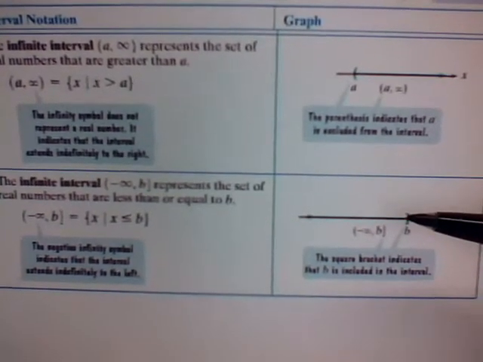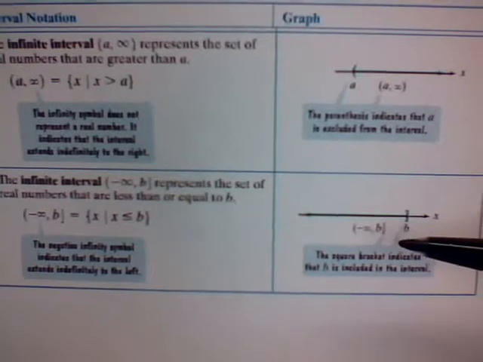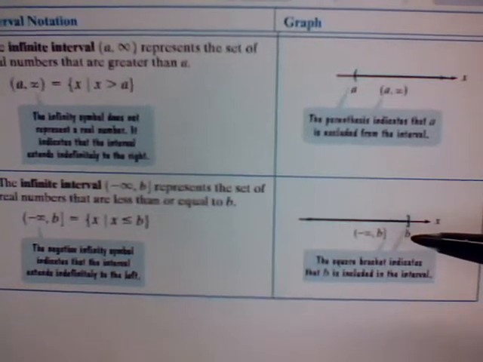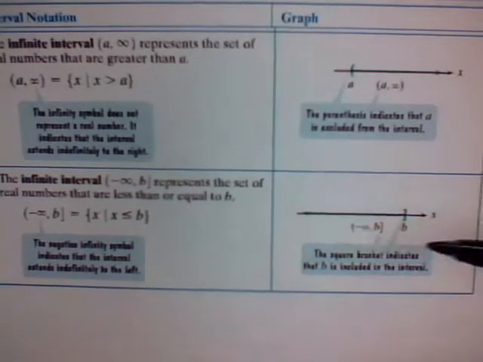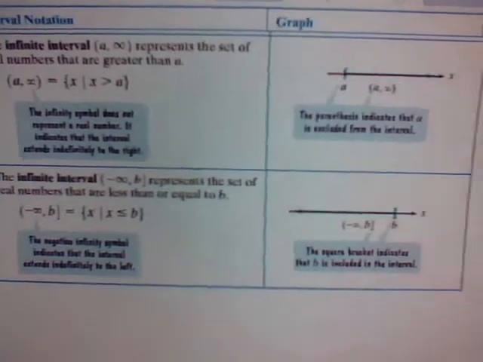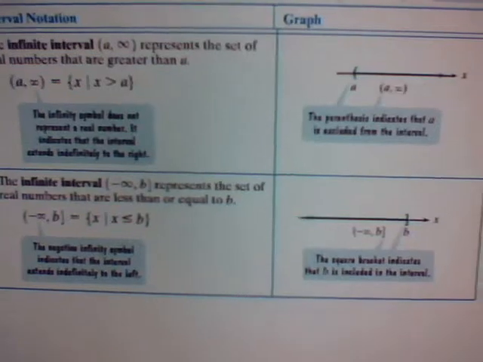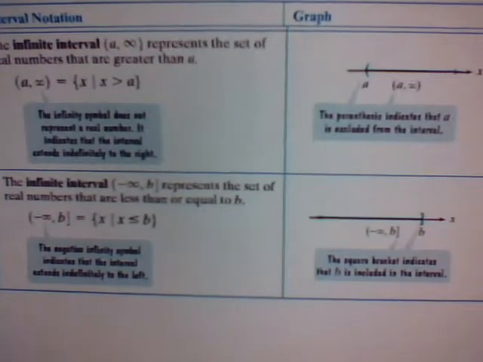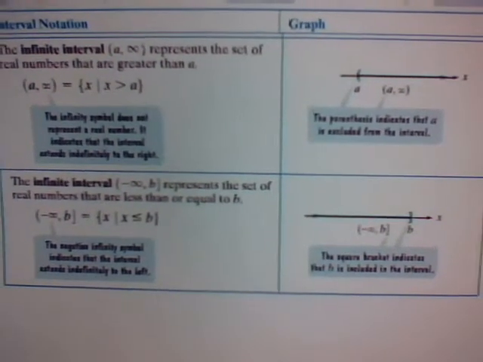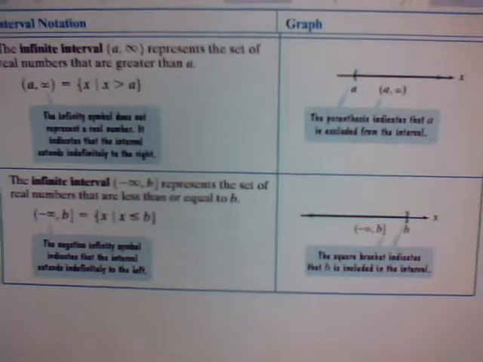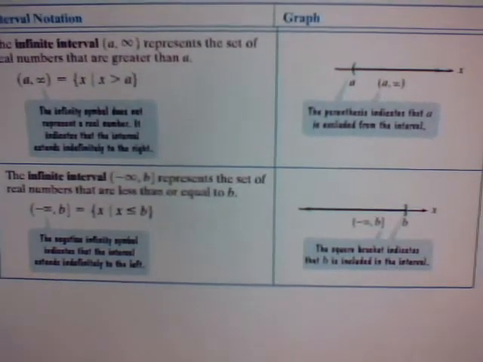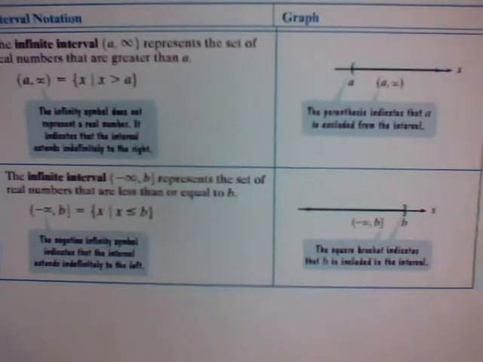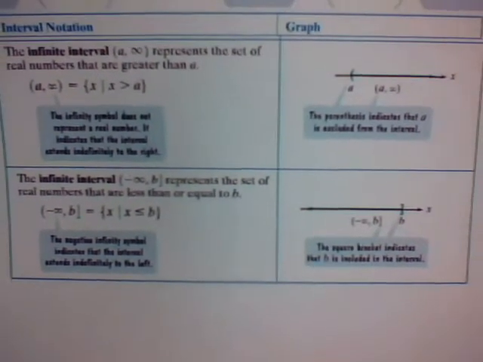So if we were to graph this, a bracket would be at b to show that b is included in that solution set, and then we shade everything to the left indefinitely, because it's negative infinity. Positive infinity is going to be to the right, extended indefinitely. Negative infinity is going to be to the left, and it extends indefinitely to the left.